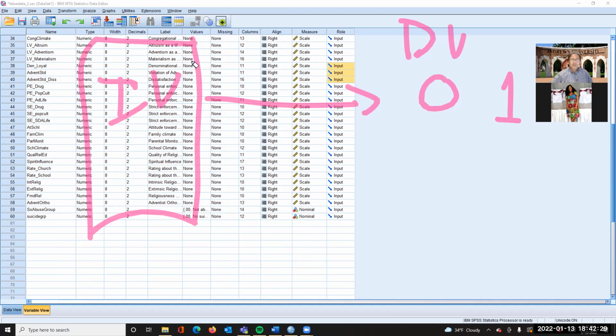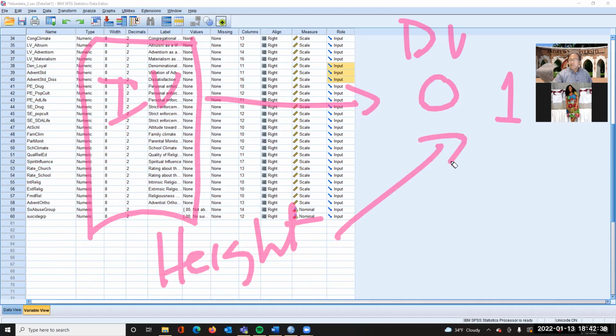So if you were to choose height as a predictor of suicide, that probably will not make sense. Choosing height to predict suicide attempt probably will not make theoretical sense.